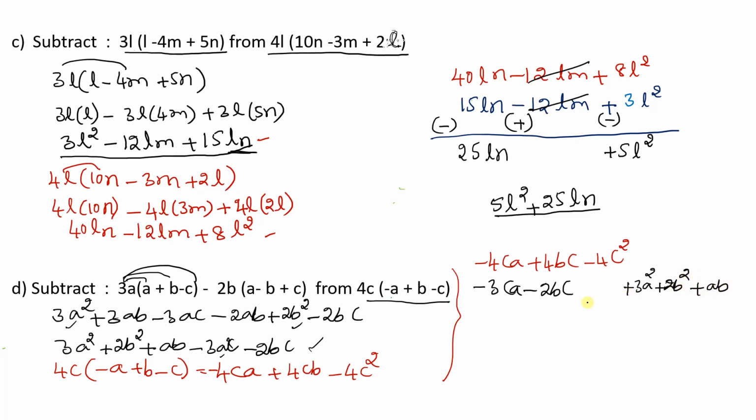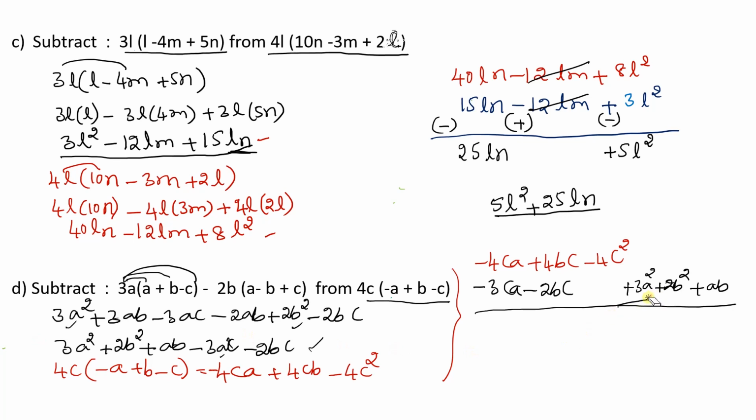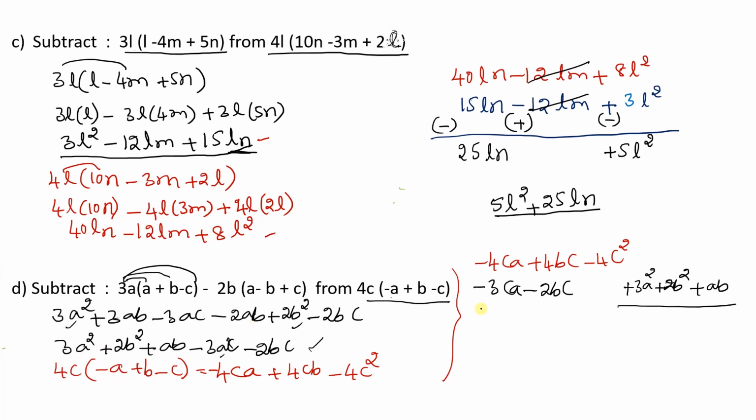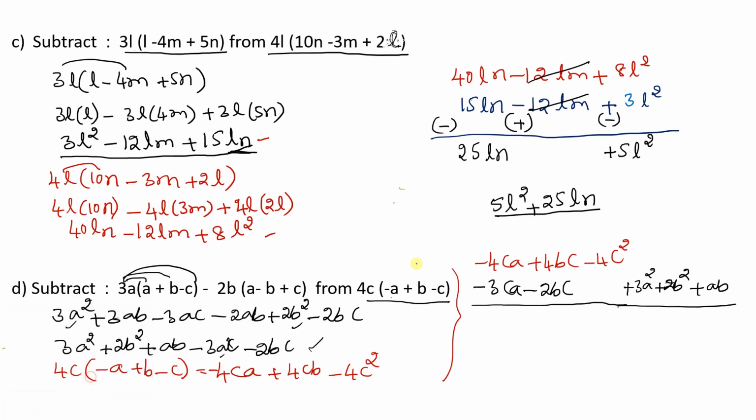So 1, 2, 3, 4, 5. All the terms I have written. Now you have to find the difference of these two. You know that you have to change the sign of each term of the subtrahend, isn't it?